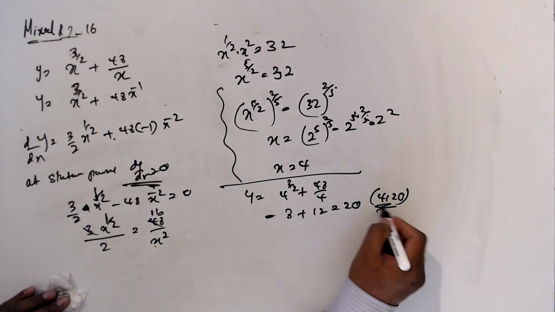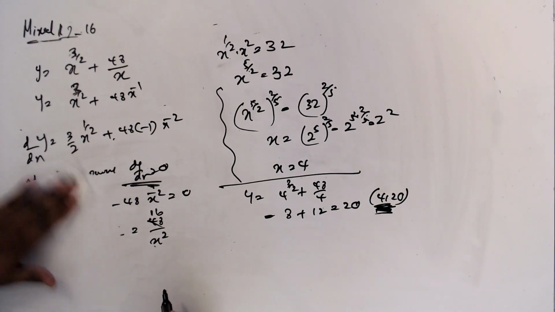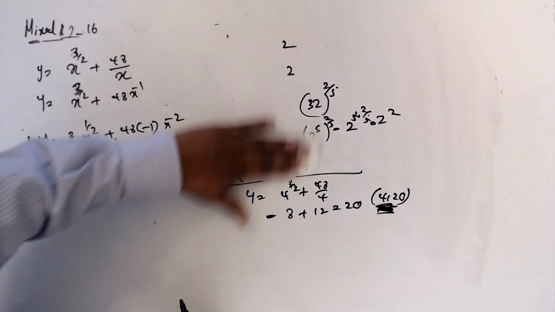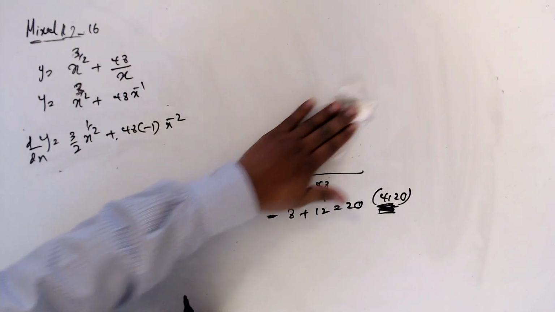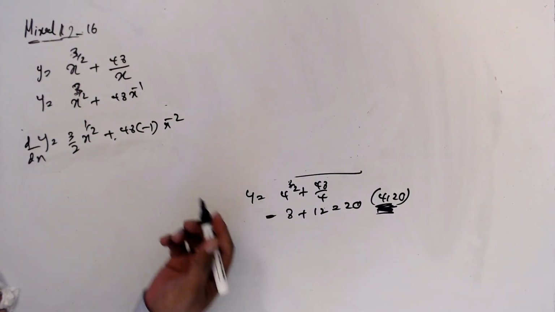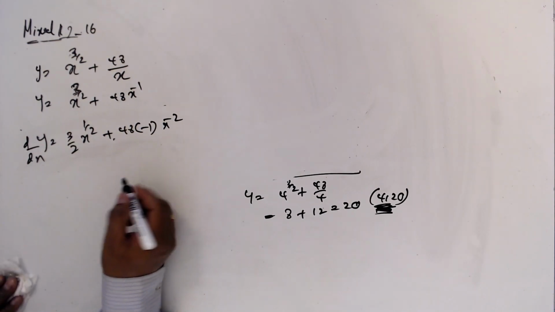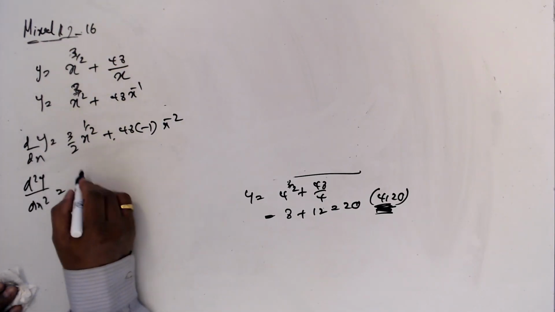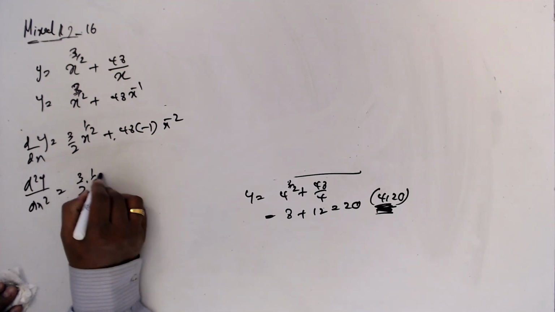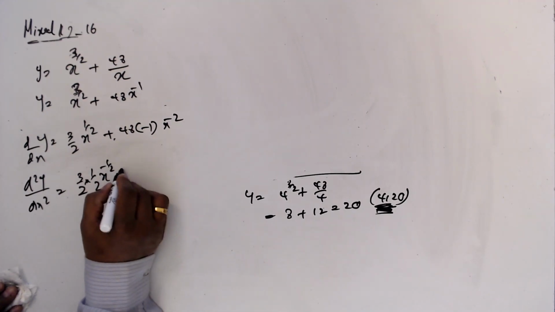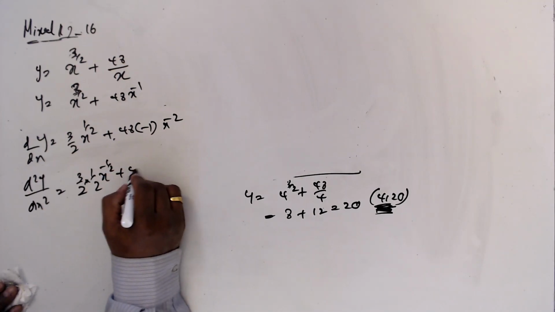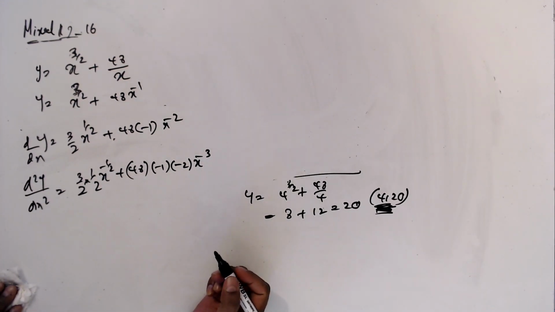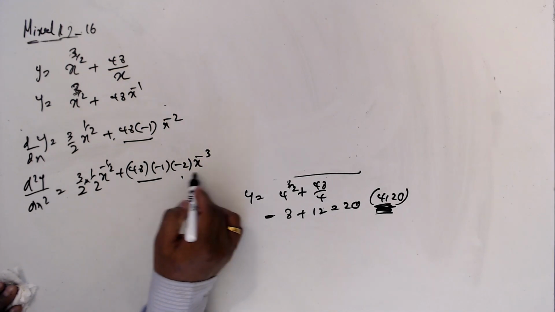Now I want to find if this is a minimum or maximum, so we want to get the double differentiation. d squared y over dx squared is 3 over 2 times half times x^(-1/2), and 48 times minus 1 times minus 2 times x^(-3).